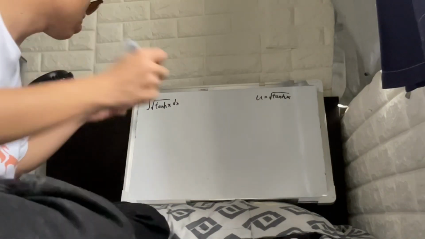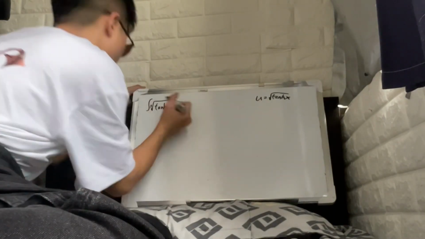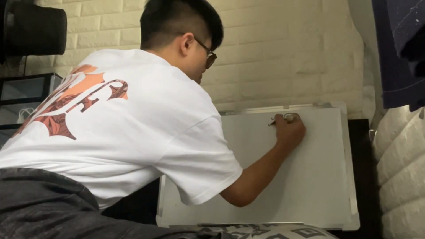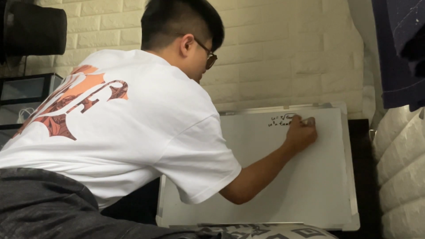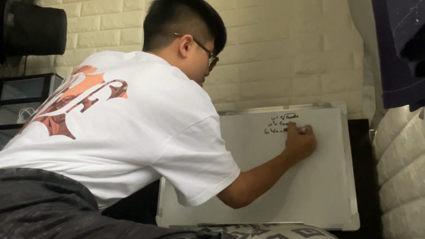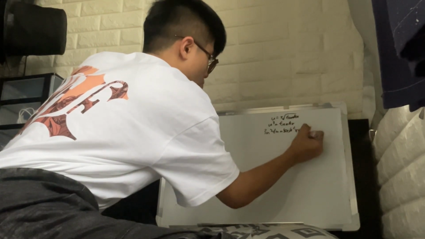To put down the cube root, you just put a small 3 here, and then we're going to let u equal the cube root of tanh x this time. u cubed is equal to tanh x. Differentiating, we get 3u squared du is equal to the derivative, which is sech squared x.